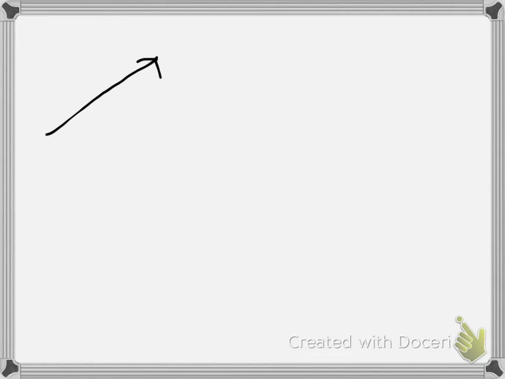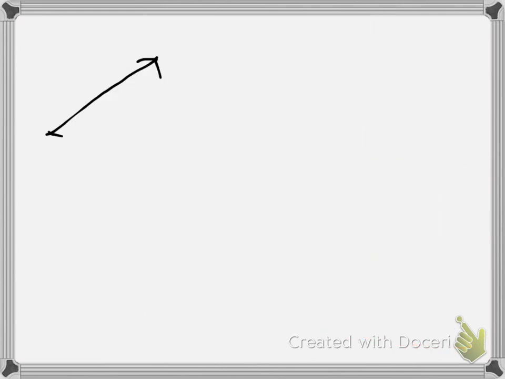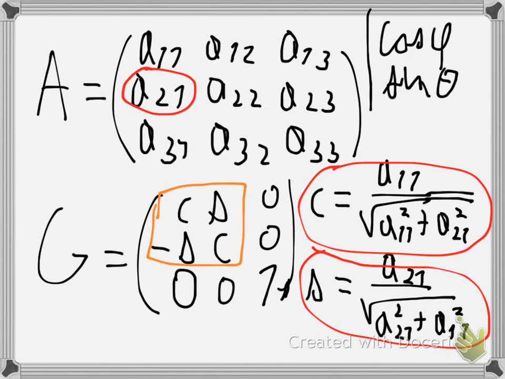And remember, cosine is adjacent over the hypotenuse. So here, for example, our element A11 will be the adjacent if our angle would be here. Let's call it theta. And remember, sine is the opposite over the hypotenuse.